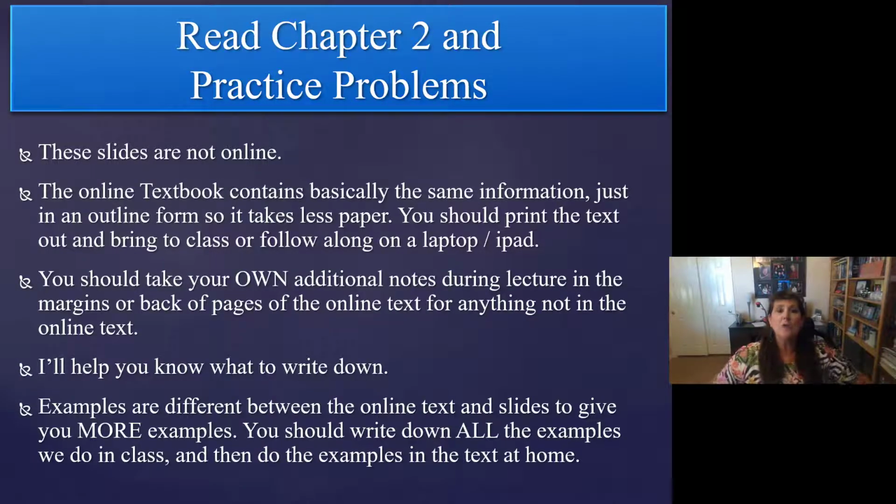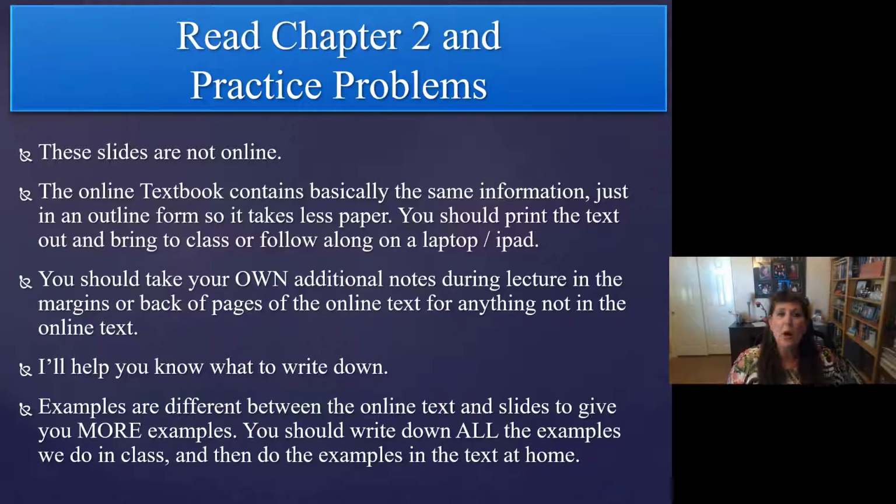All right, so Chapter 2 is somewhere either in Canvas or on a website. Your instructor has shown you where the book is, and we have our own in-house GCC book with 15 chapters. So hopefully you have read Chapter 2 and are now watching the PowerPoints, or I suppose you could watch the PowerPoints first and then read Chapter 2.